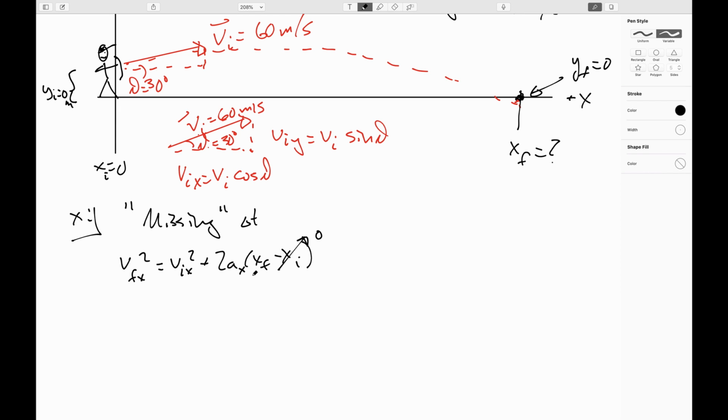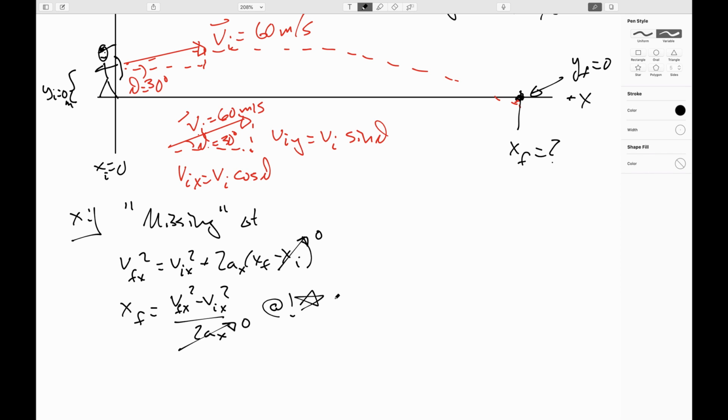And I'll just jump ahead and do the algebra and assert that you're going to get that x final is v final x squared minus v initial x squared over 2a sub x. But here's the problem. When you put in the numbers, that's a 0. So you're dividing by 0, which you're probably not too happy about. So that ain't gonna work.